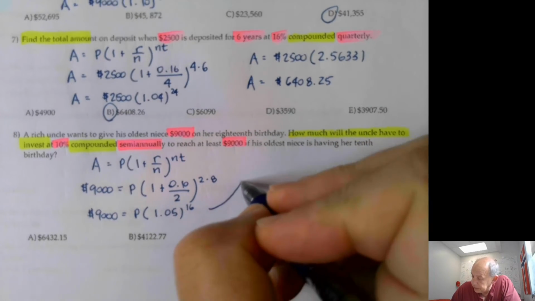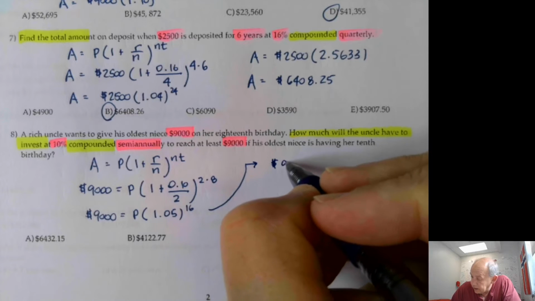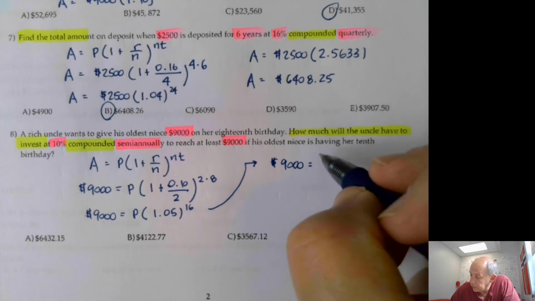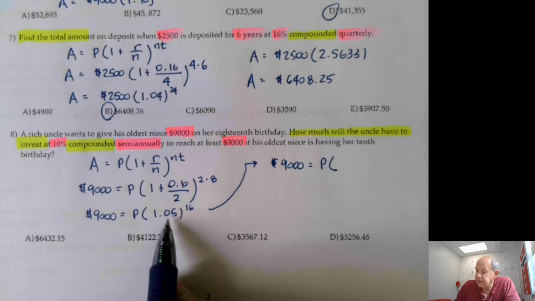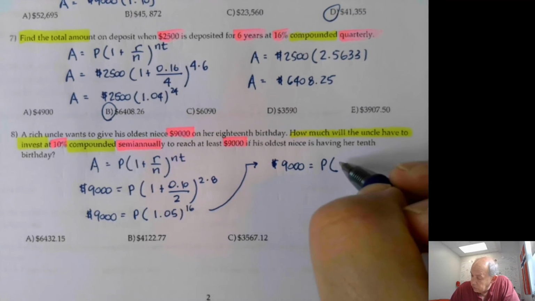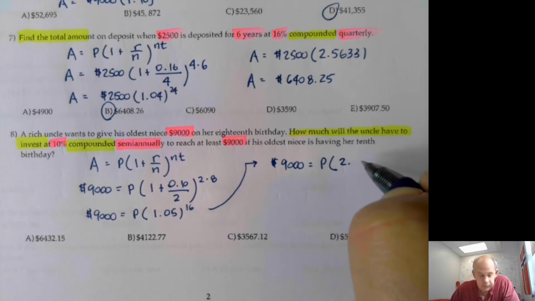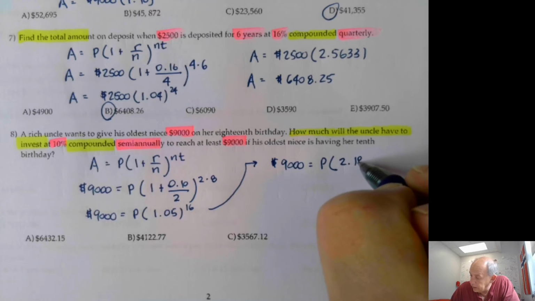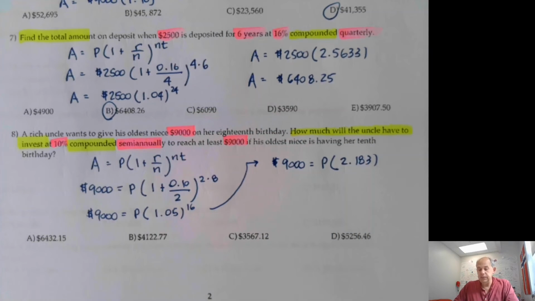So coming up here, I have 9,000 is equal to P, and then 1.05 raised to the 16th power is 2.183.